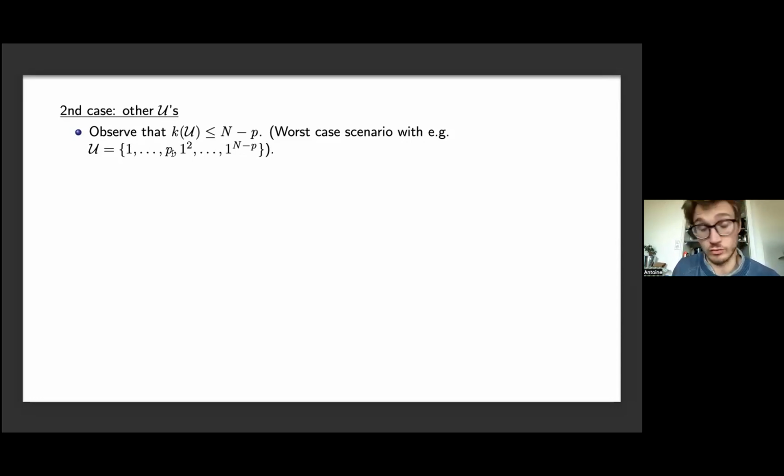And since also we ask that the set is full, to keep a full set and obtain a set with an element in it that is of maximal length, this is the best possible way to do so. And so this is why we find that the length of a word inside the other U is at most n minus p.